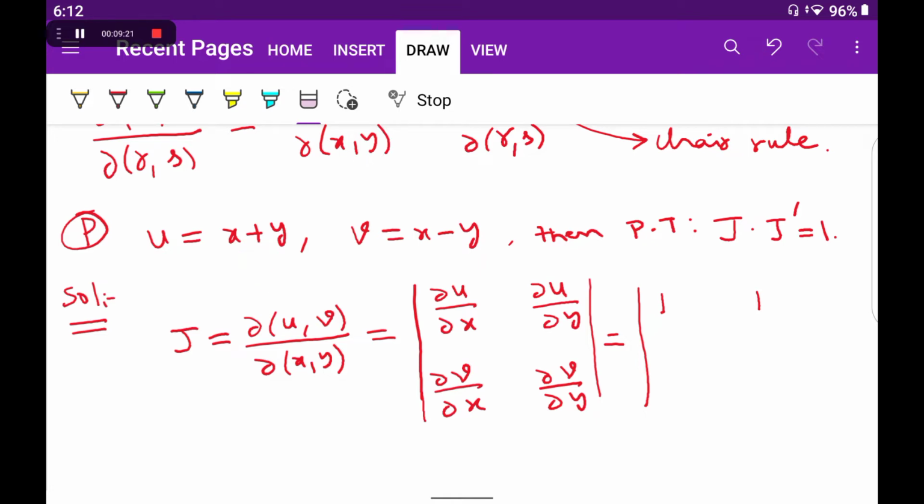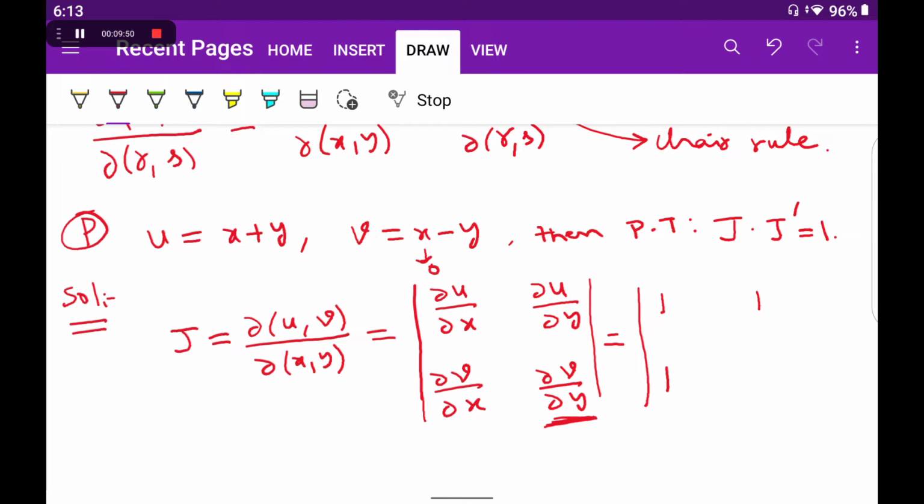And coming to the second row, dou v by dou x is 1 minus 0, right? You differentiate with respect to x, so derivative of x is 1 minus 0. Dou v by dou y: we are differentiating with respect to y, so derivative of x is 0.